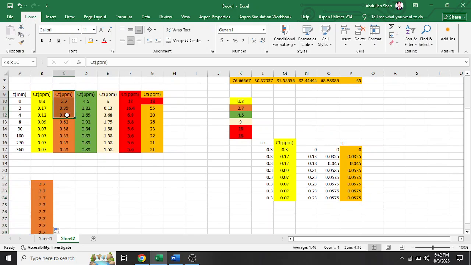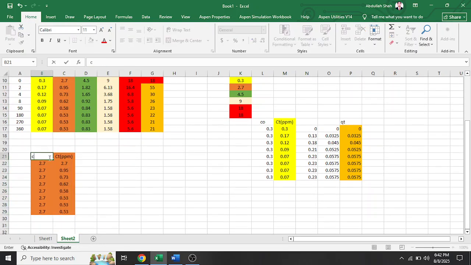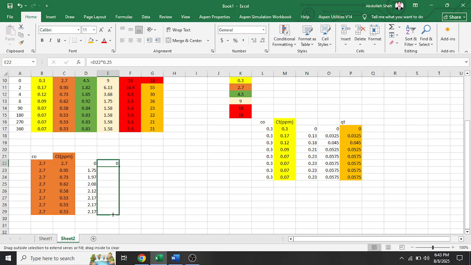And Ct is this one. Now do the same process: C naught minus Ct, multiply by 0.25, and divide this by 1 gram.